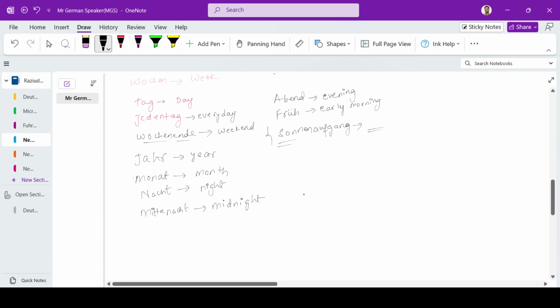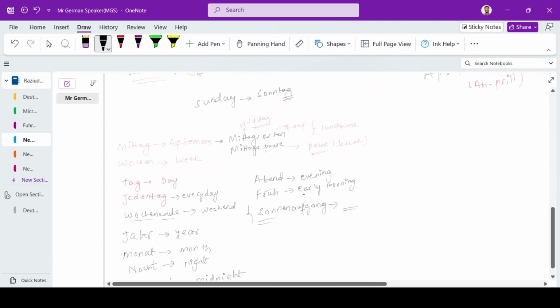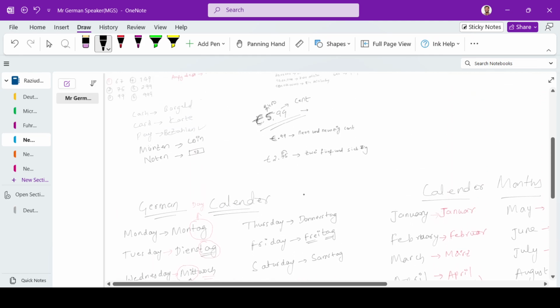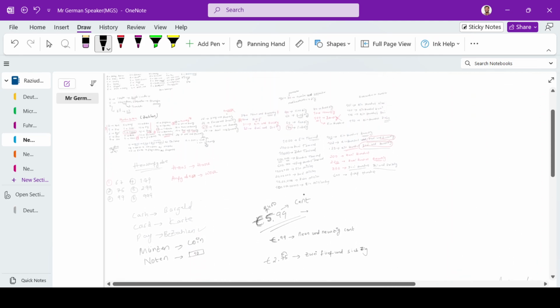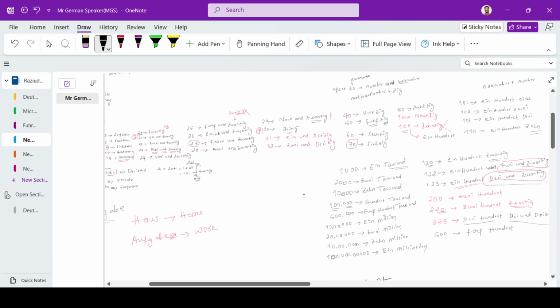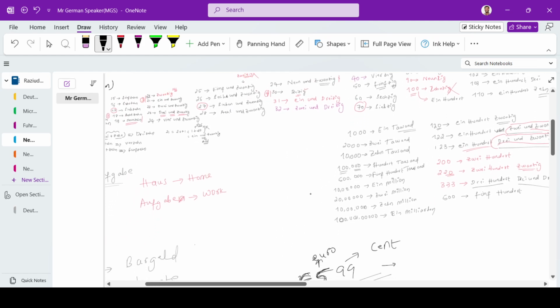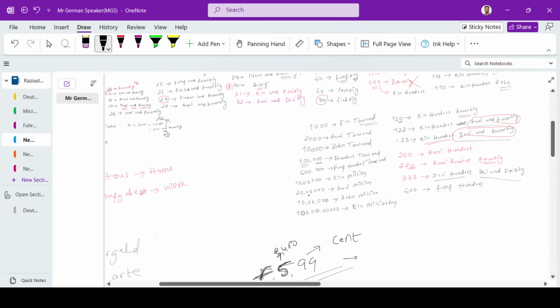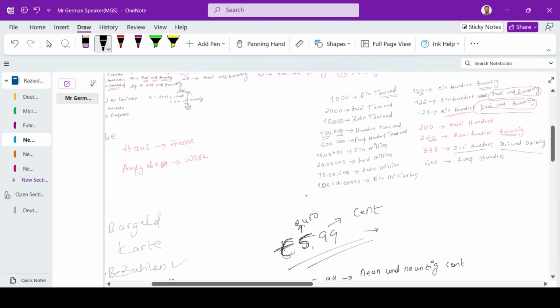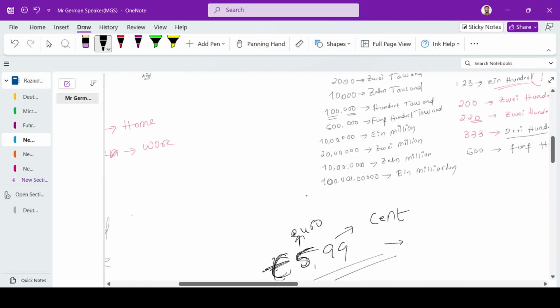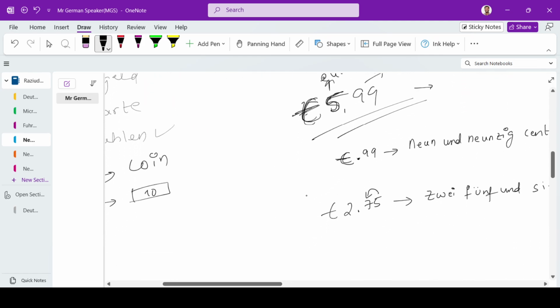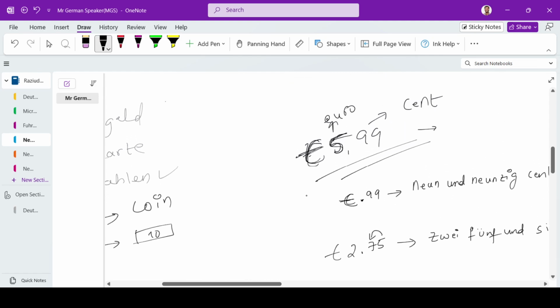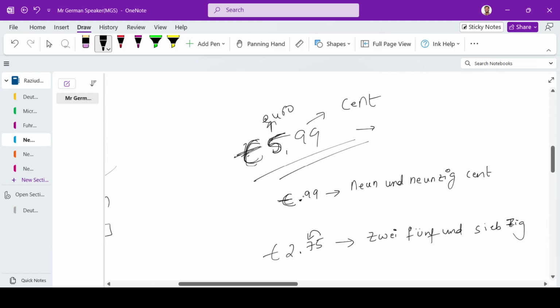Okay. So I think it's good enough content. I want you all to go through the number system, try to practice your numbers, complete the homework. Please come up with questions. Please write in the comments. I will definitely answer your questions. And also try to play around with the currency system in German language.